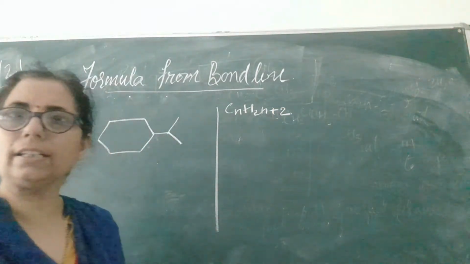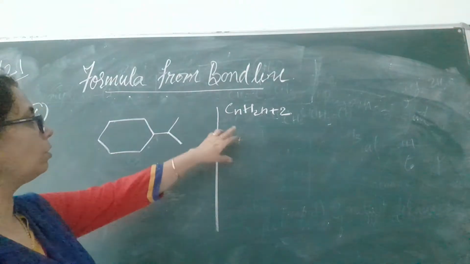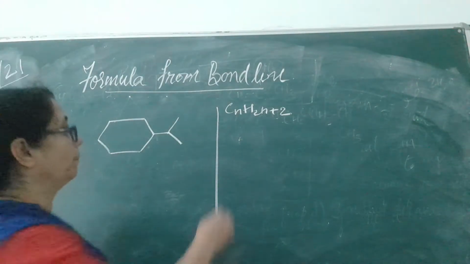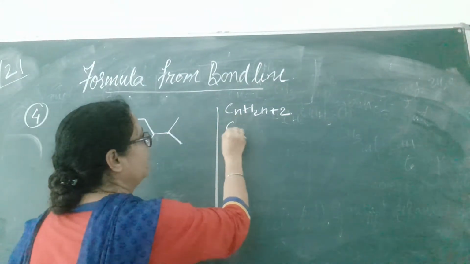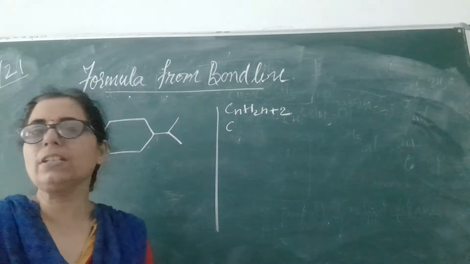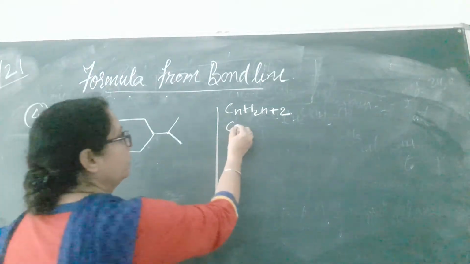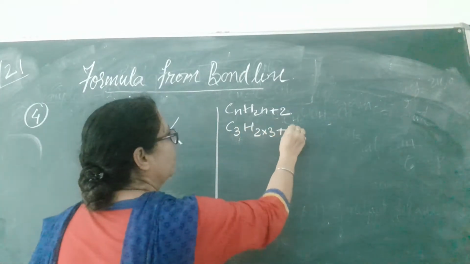This we studied in class 10th, and the cyclic compounds we also studied in class 10th. So once again I am taking one or two examples and revising them for you. The cyclic ring generally comes from the third carbon; the first and second carbon do not give this type of ring. So for the third carbon, C3H2 into 3 plus 2 is there.